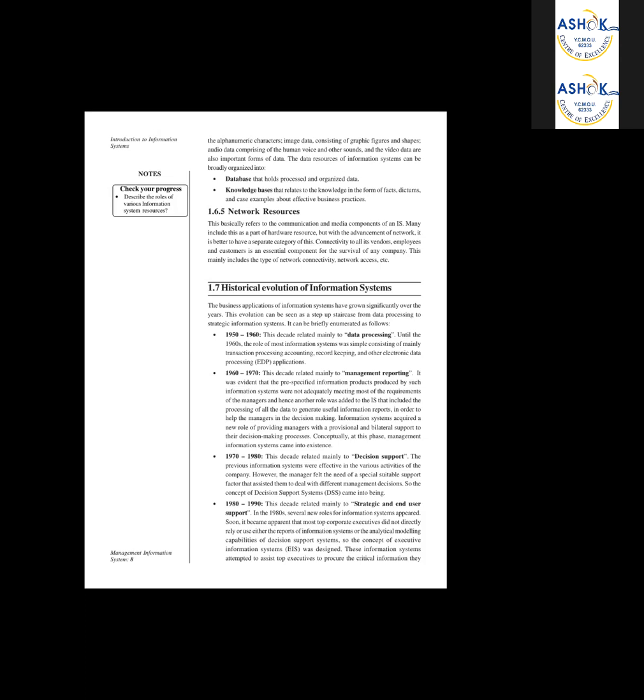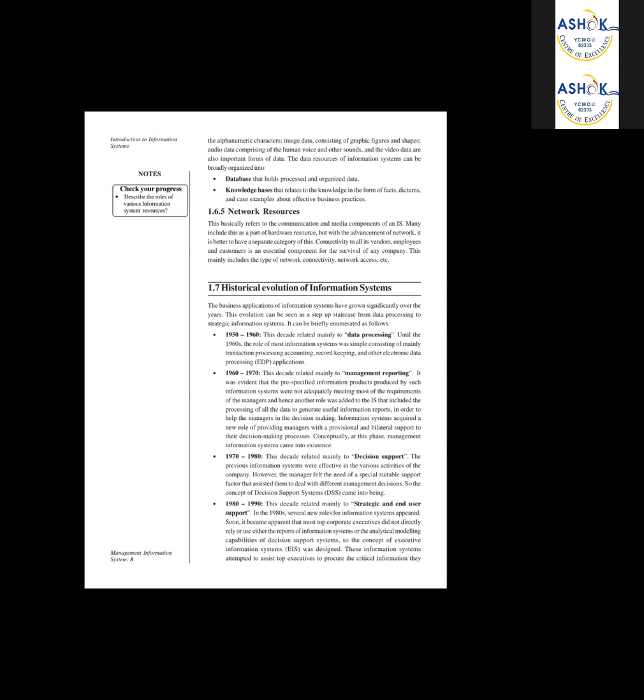Historical evolution of information systems. The business applications of information systems have grown significantly over the years. The evolution can be seen as a step-up staircase from data processing to strategic information systems. It can be briefly enumerated as follows. First, 1950 to 1960.